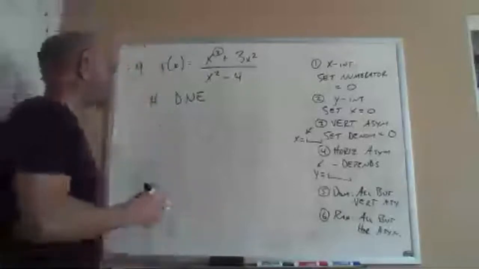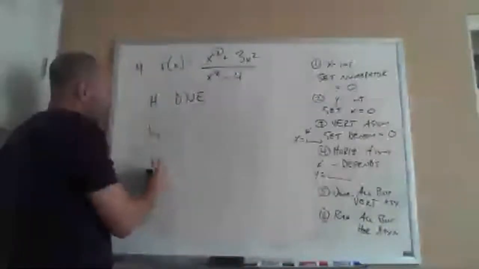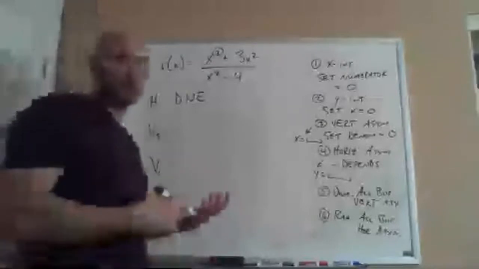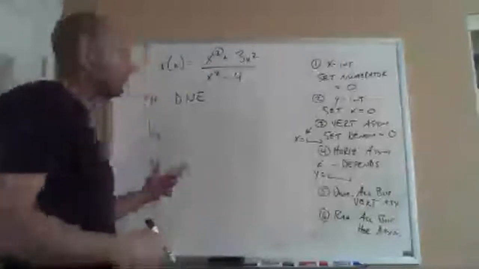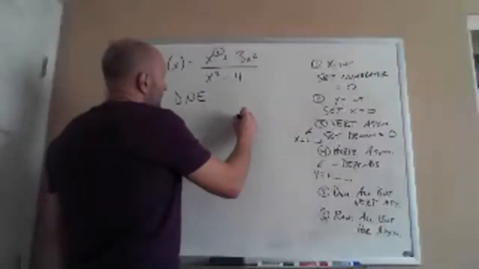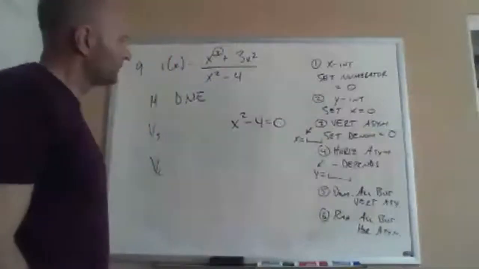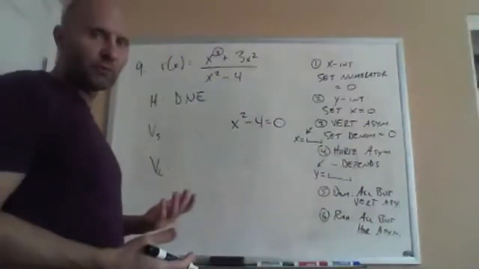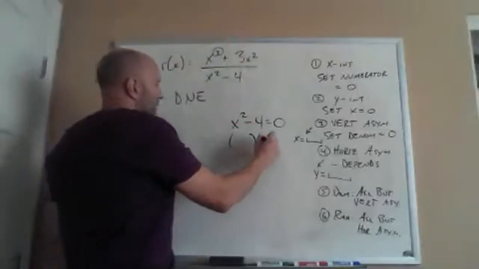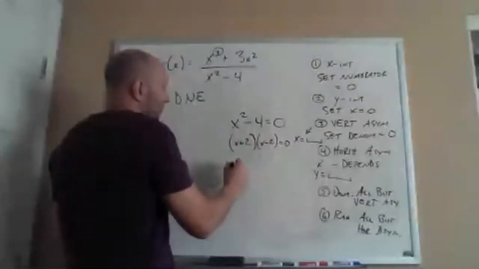Okay. So now for the vertical. And it says vertical small, vertical large. So just like the test, you have to enter your smallest number in first into that box. So for vertical, we do what? Set the denominator, x squared minus 4, equal to 0. Two terms with a minus sign and an x squared. Oh yeah, that's my difference of squares. So x plus 2, x minus 2.